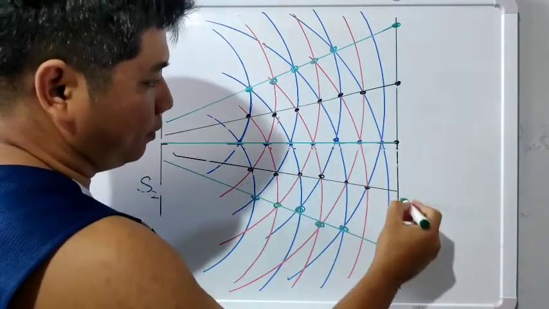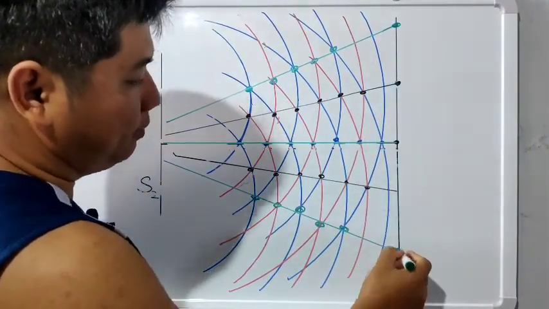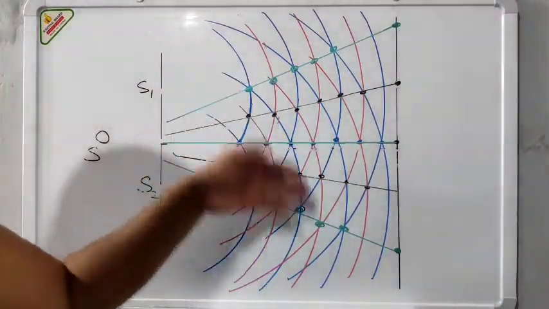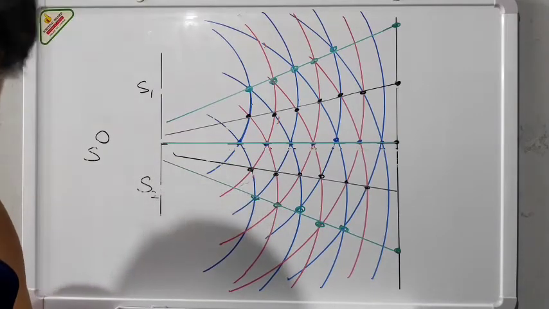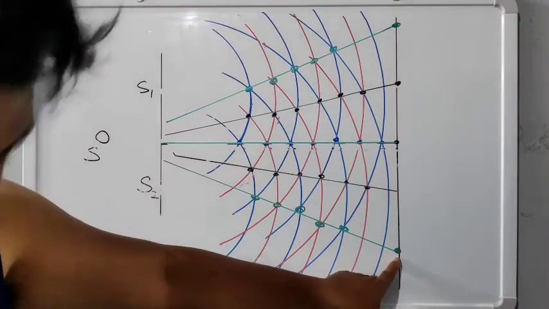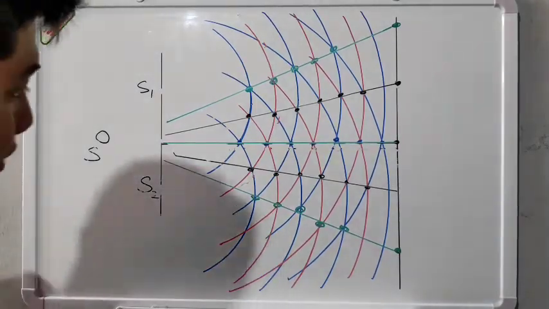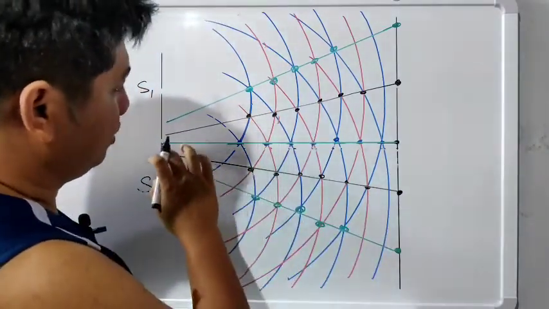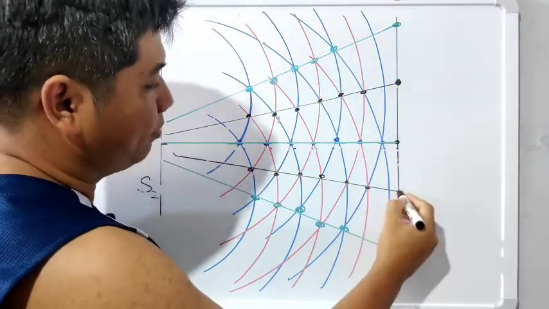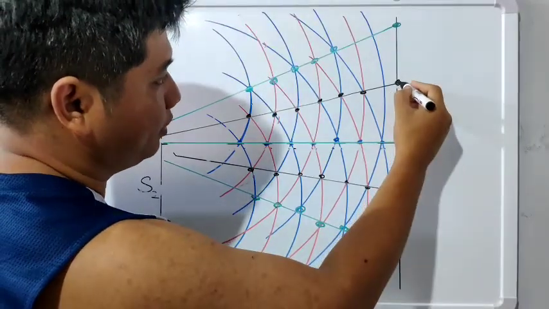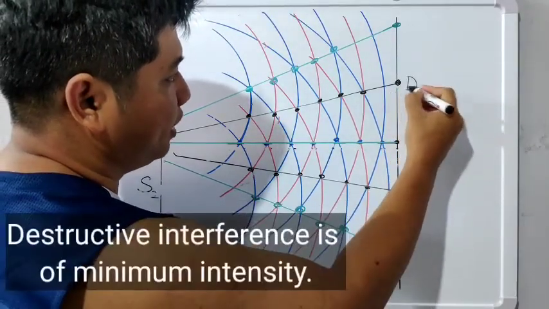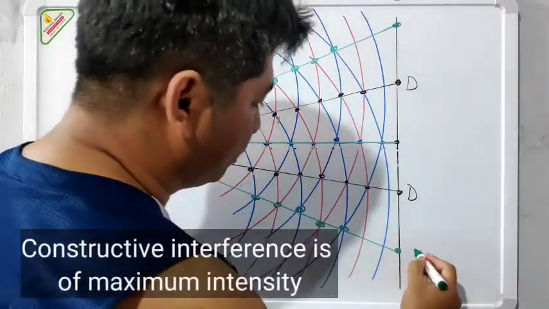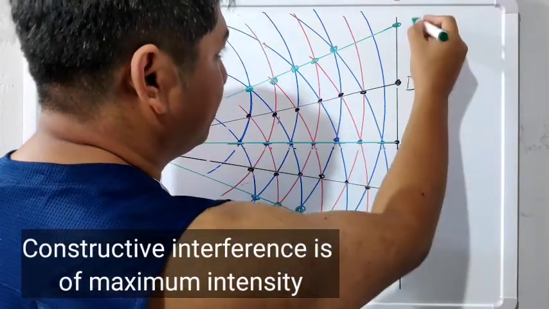So at the green positions, the intensity of the two waves gives resultant maxima here, and at the black points, the resultant of the wave is minimum, so the amplitude will be minimum at these points. It is destructive interference, and these points are called the position of constructive interference.